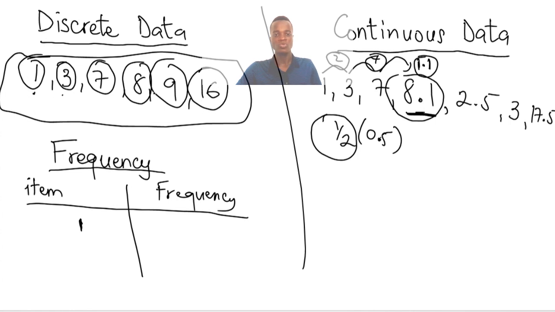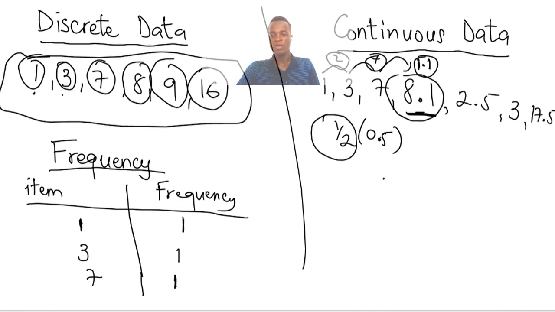How many times can we count 1 inside this? It's 1. Item 3, how many times can we count 3 over here? Just 1. 7, how many times can we count that? Also 1. So 8 is also 1, 9 is also 1, 16 is also 1. That's the frequency of the data.